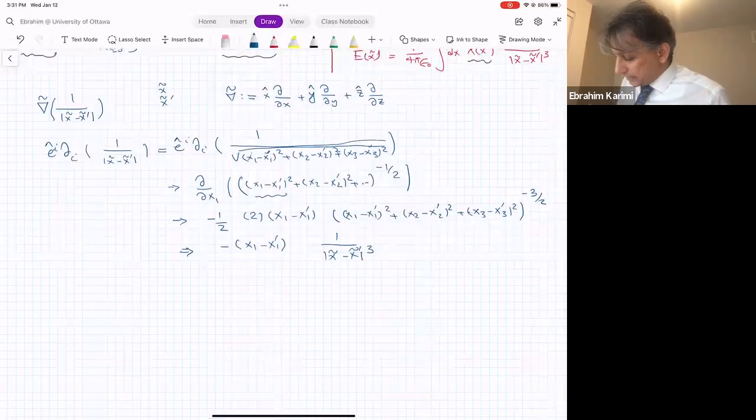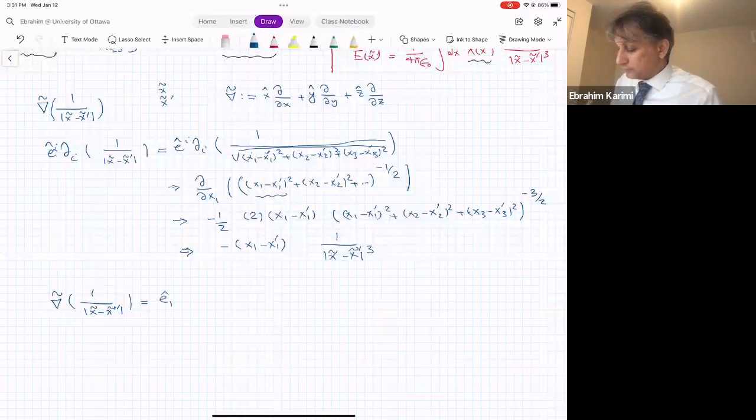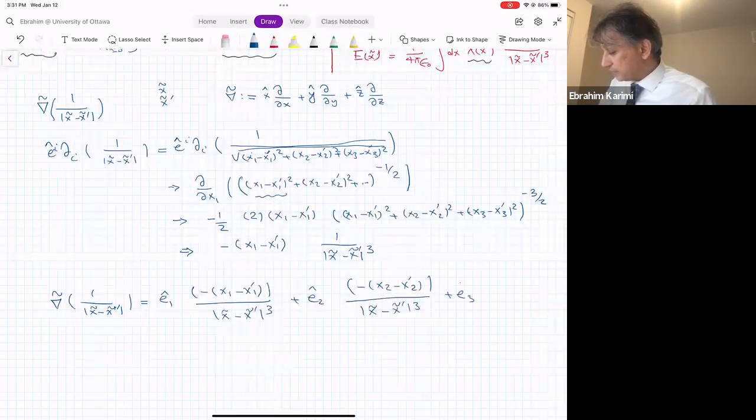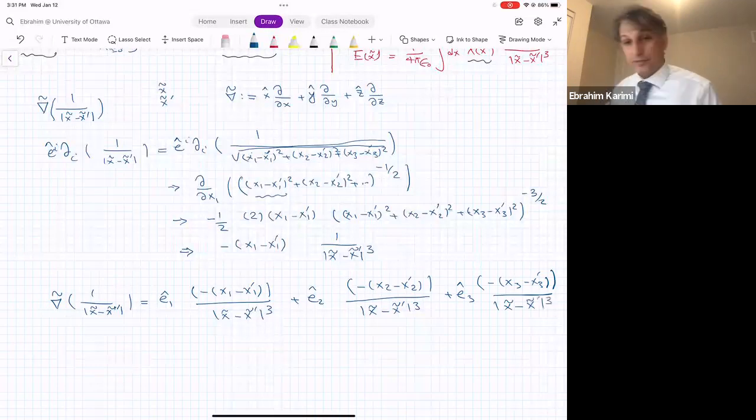At the end of the day, the gradient of 1 divided by |x minus x prime| will be e1 times minus (x1 minus x1 prime) divided by |x minus x prime| to the power of 3, plus e2 times minus (x2 minus x2 prime) divided by |x minus x prime| to the power of 3, plus e3 times minus (x3 minus x3 prime) divided by |x minus x prime| to the power of 3. Do you agree, guys?